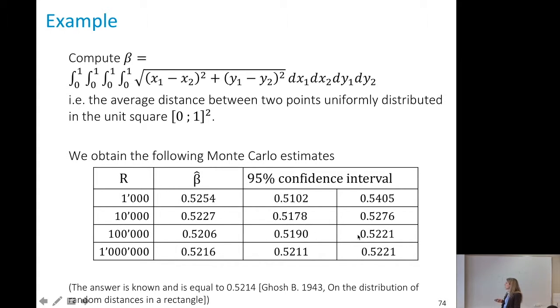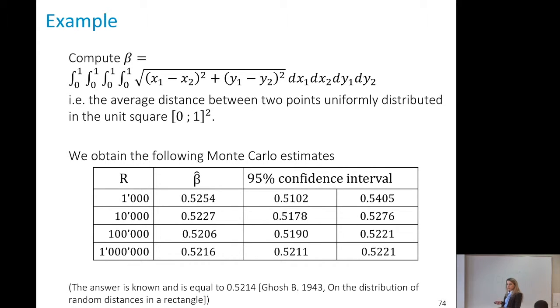Okay, so we see that as we increase the number of replicates, the estimate goes closer to the true value. But also the confidence interval becomes smaller. So the lower bound increases and the upper bound decreases, and at the end it is small enough, and it includes, as we've seen, the true value.